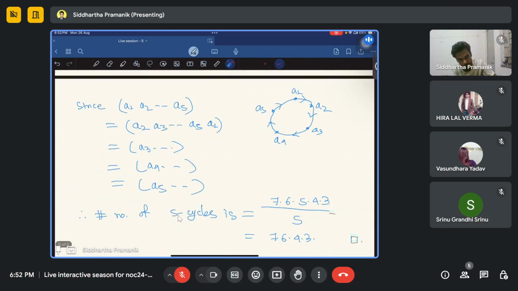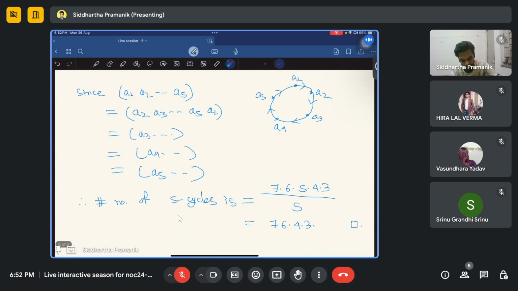We need to count distinct 5 cycles, so we divide by 5. Okay, I hope this is okay.